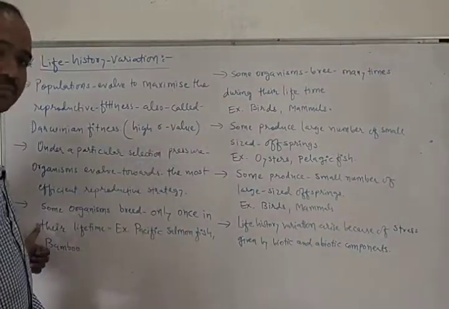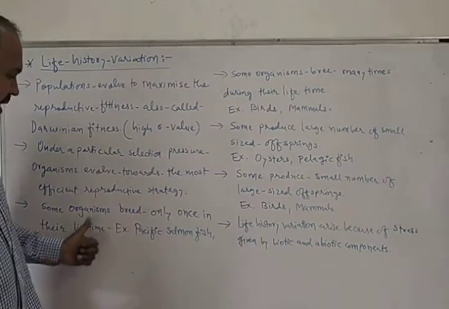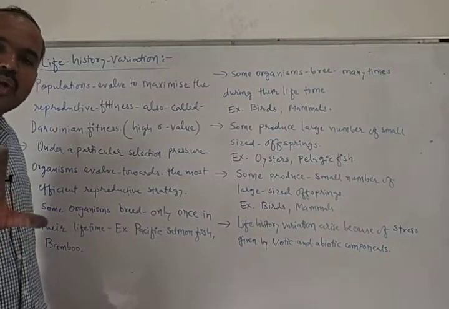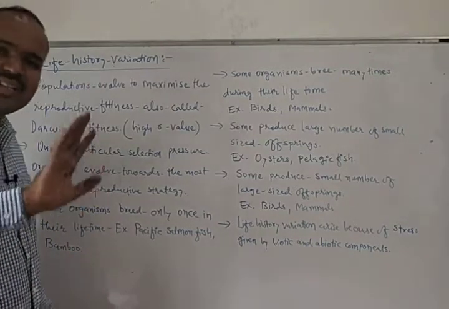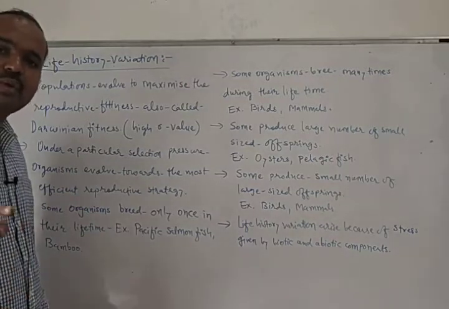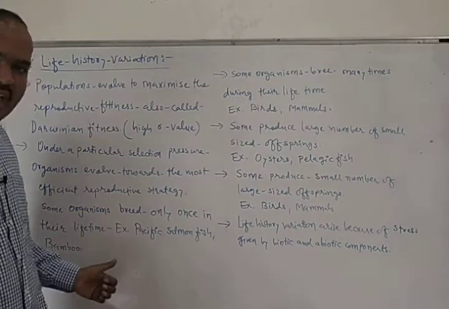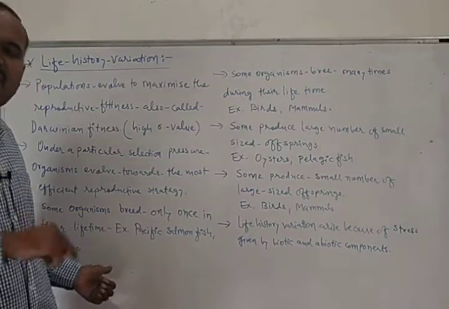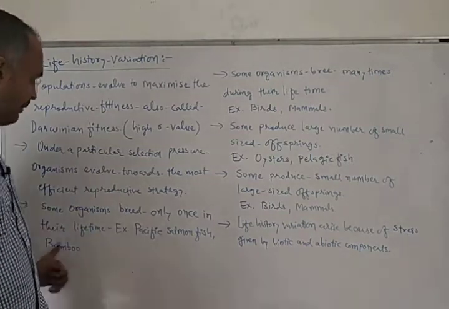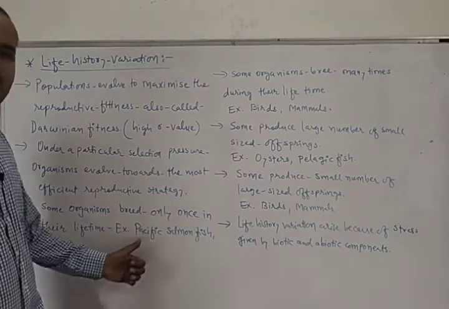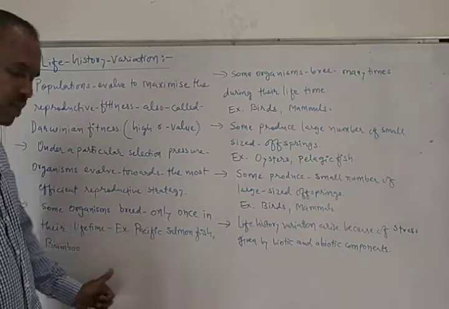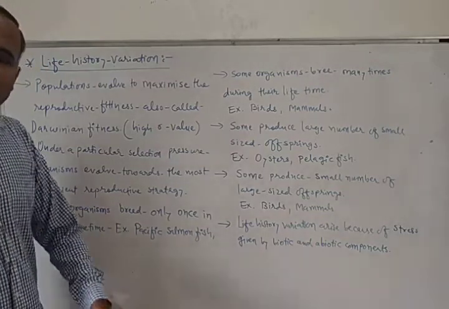The first kind of reproductive strategy is that some organisms breed only once in their lifetime. That strategy has been developed because of natural selection pressure; they have evolved to maximize their reproductive fitness in this manner. For example, Pacific salmon fish and bamboo plants breed only once in their lifetime.